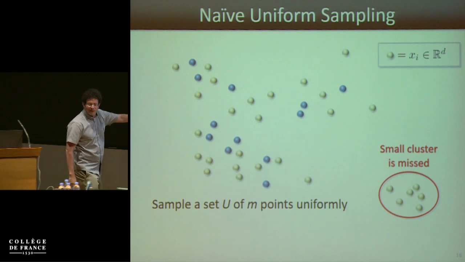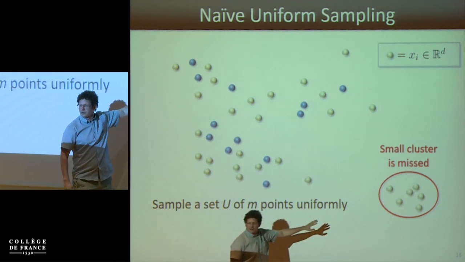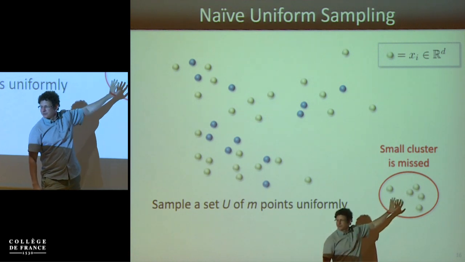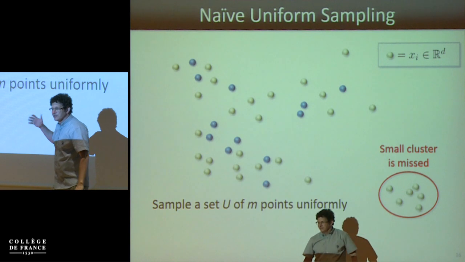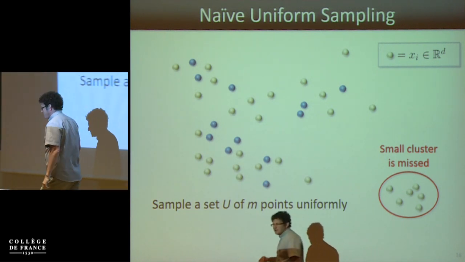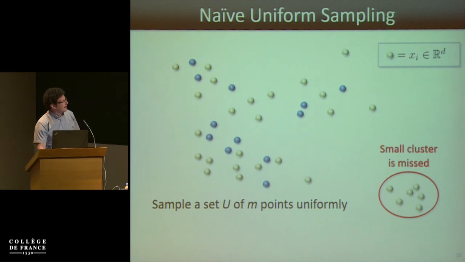It might be a problem. Maybe these are the rich guys, maybe they are the bad guys, or the very good guys, or the terrorists, or whatever. Maybe you actually care very much about these very strange guys here, and uniform sampling is not such a good idea. So we need to define, in some sense, how important a point or a query or an input is for our sampling.